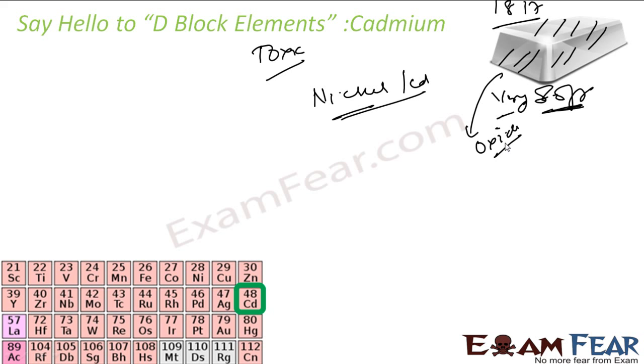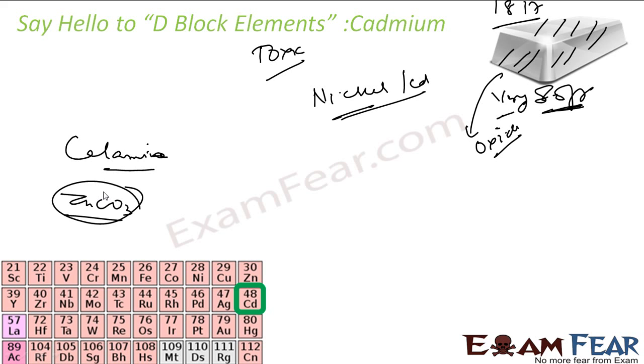Okay, now let's talk about the word origin. See, there is a Greek mythological character, Calamia actually, and this mythological character actually is not good. Okay, and there is a compound, zinc carbonate.